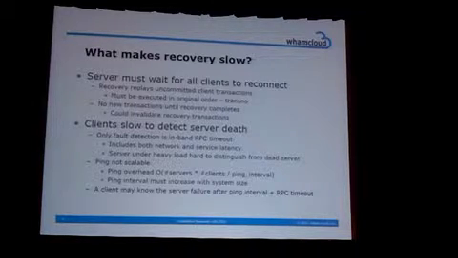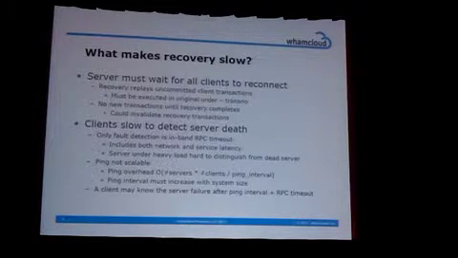Also during this time, no new transactions can be accepted at the server side, because a new transaction may update the status on the server, which can prevent the replaying transactions from finishing correctly. So it has to wait for all of the clients to reconnect to the server. This further means the server has to wait for the slowest client to reconnect. So this is very bad.